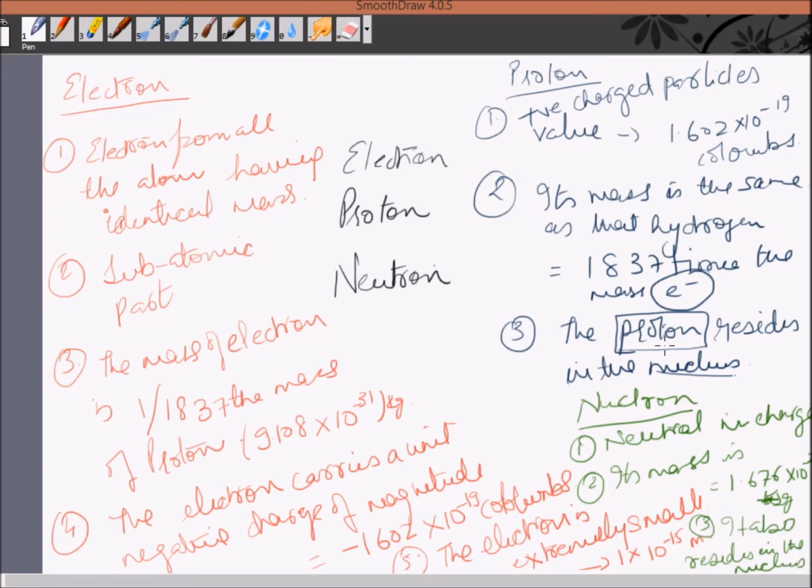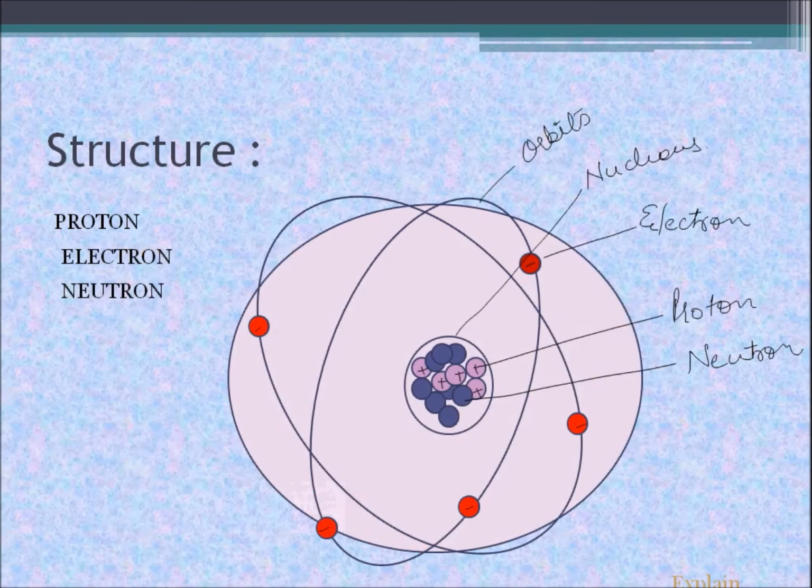So these are the characteristics of the electron, proton, and neutron, where proton and neutron reside in the nucleus, which is the central part of an atom, right? So let's come to the main points.